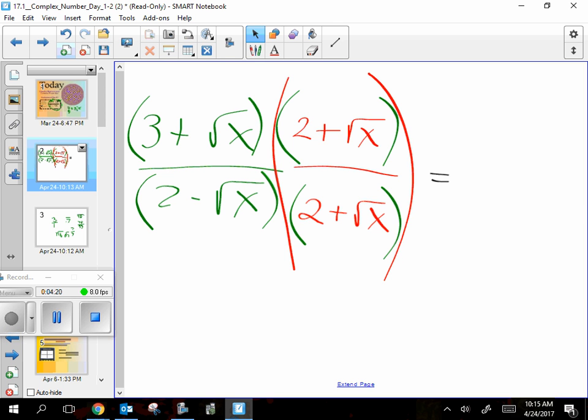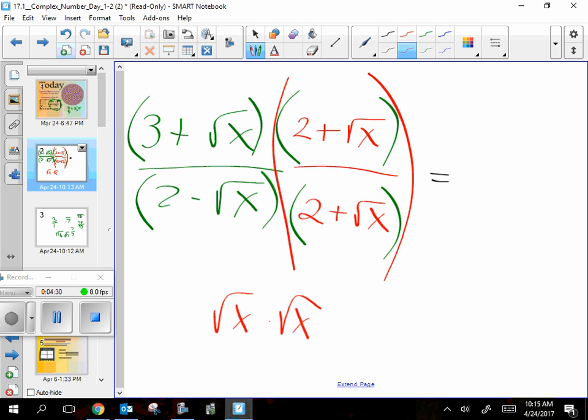Take the time to grind it out, clean it up. And one thing that's going to come up that's really important is this. If you have the square root of x times the square root of x, do you get just what? x. It's not the square root of x. Think about it. You take the square root of x and times it by something. It can't be the same. It's not the square root of x, it's just x.